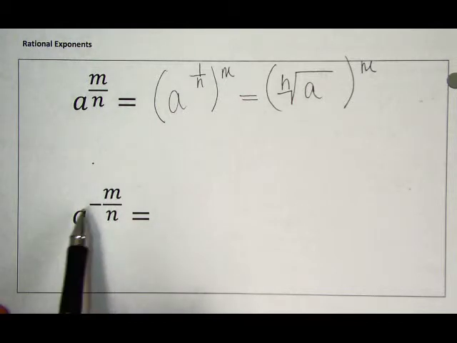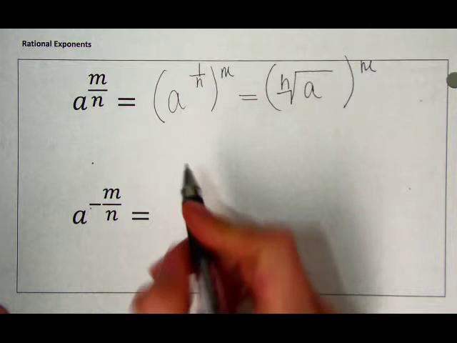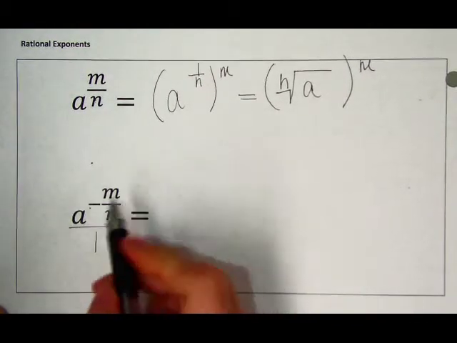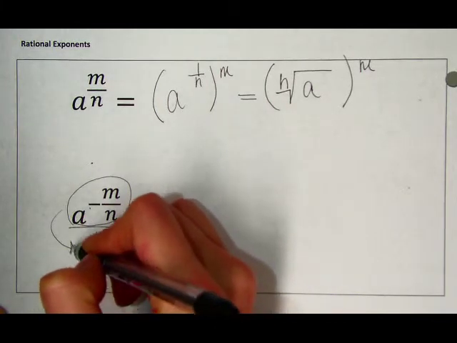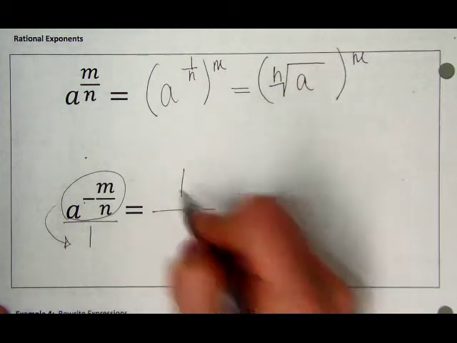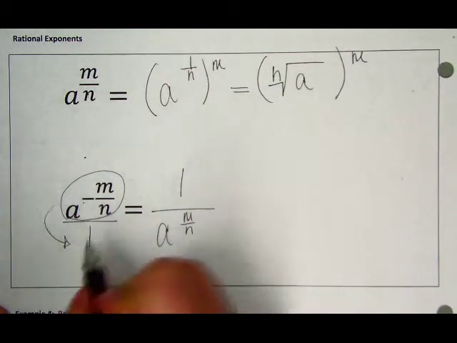Lastly, the difference between these two is that our second one has a negative, and all that means is this was originally over 1. The negative just means we're going to take our entire numerator and put it in our denominator. We're just going to flip it. So 1 goes on top, a to the m over n. Our negative drops out when we move it.